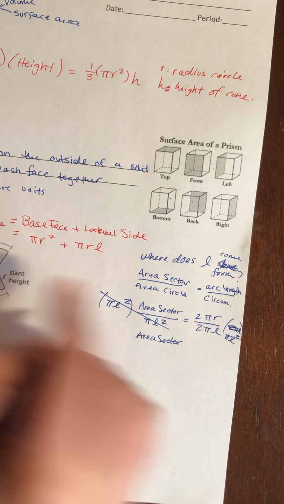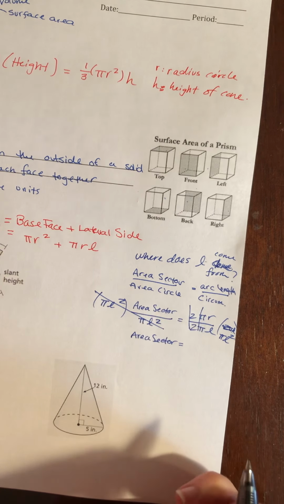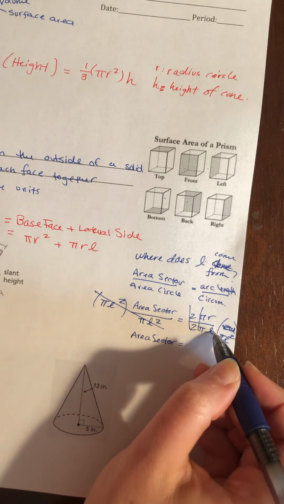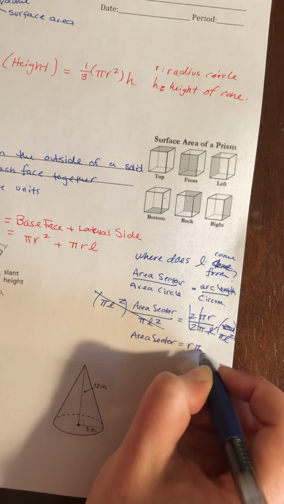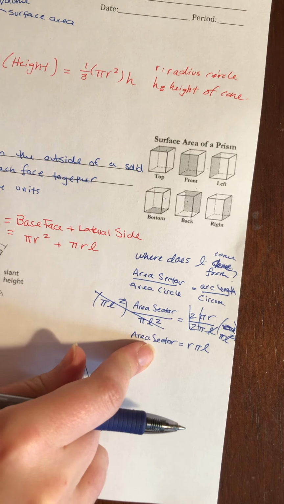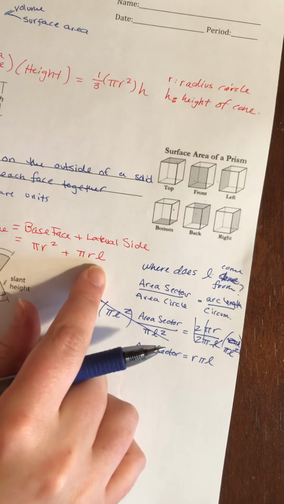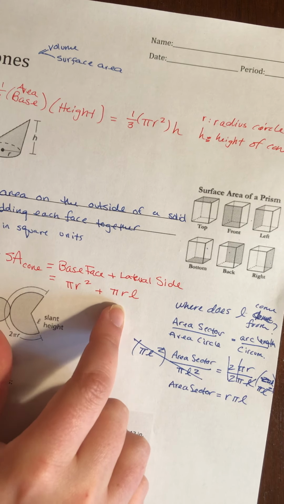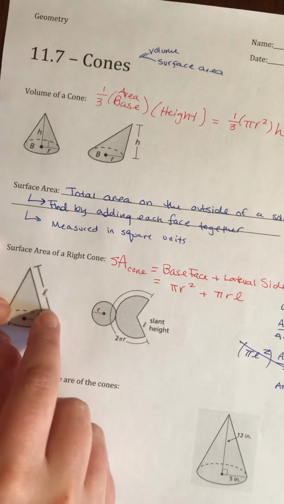You get that the area of the sector equals, well, the 2's cancel out, the pi's cancel out, one of the L's cancels out, and you're left with pi r L. It is totally fine if you didn't follow that, but some people are just wondering why the pi r L comes out like that, and that's why. In any case, you're just doing the pi r squared and then the pi r L.